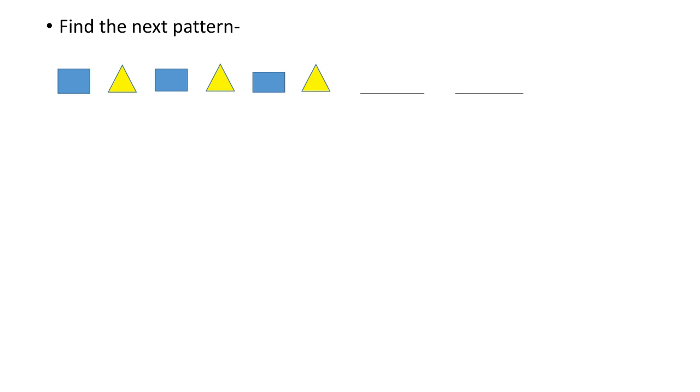Now what will come in the first blank here? So after a triangular box, again there will be a rectangular box according to this sequence of pattern. And in the second blank, after the rectangular box, there will be again a triangular box according to this pattern. So here we complete our pattern in these two blanks.